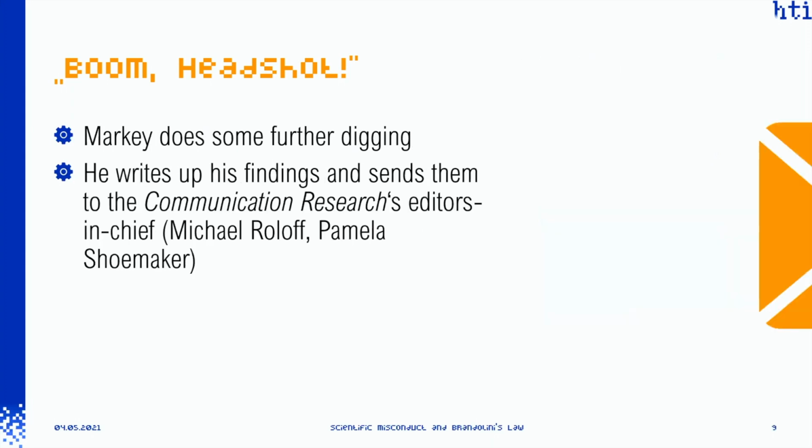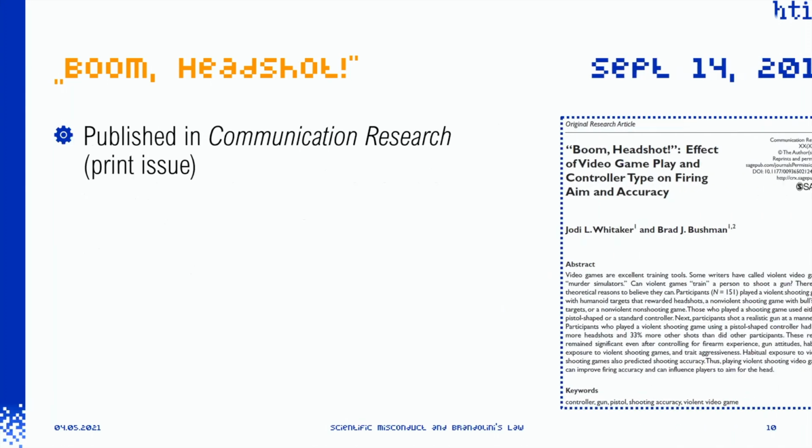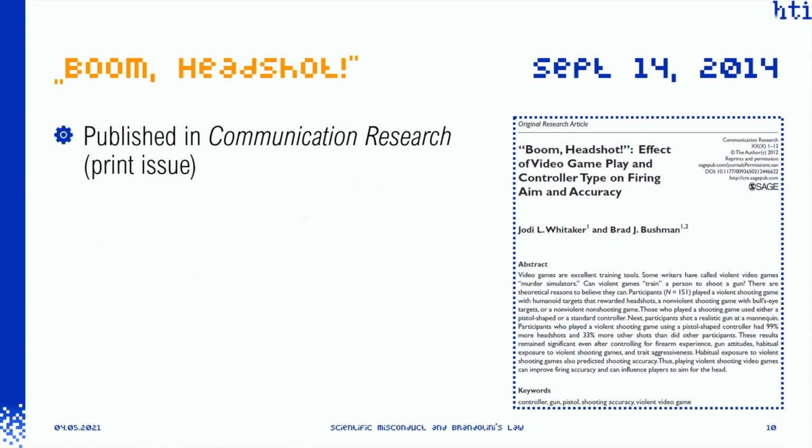So Markey does some further digging, and he writes up his findings and sends them to the Communication Research editors-in-chief, Michael Roloff and Pamela Shoemaker, and guess what happens next? Nothing happens. They don't really respond. They ignore him, in fact, and 4 months later, the paper is published in a print issue of the journal.